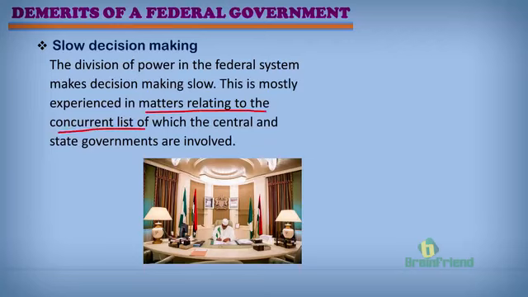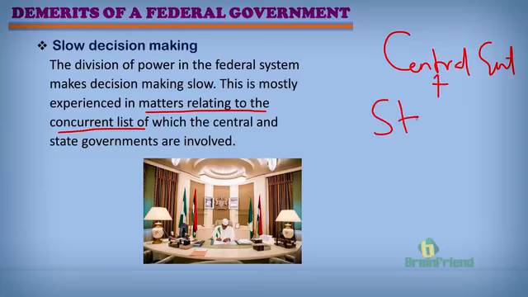For example, in the federal system of government, we know that the concurrent list gives room for the central government and the state governments to function or carry out their powers, right?